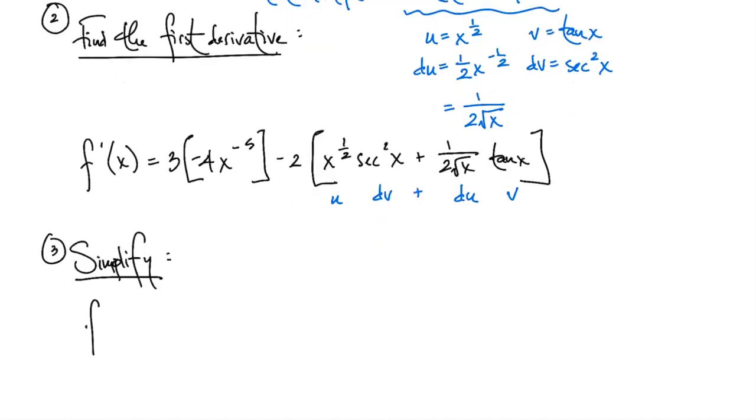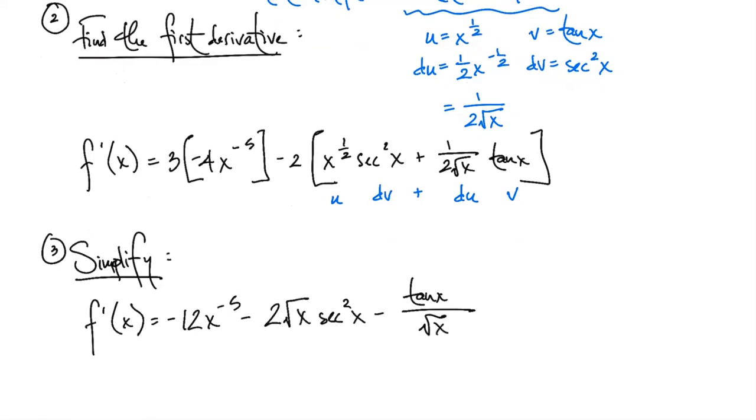And we'll end up with negative 12 x to the negative 5 minus 2 square root of x secant squared x minus tangent x over square root of x.